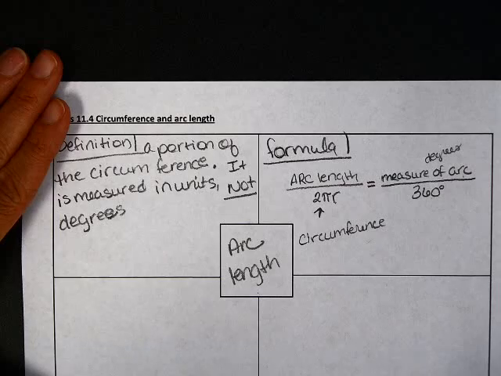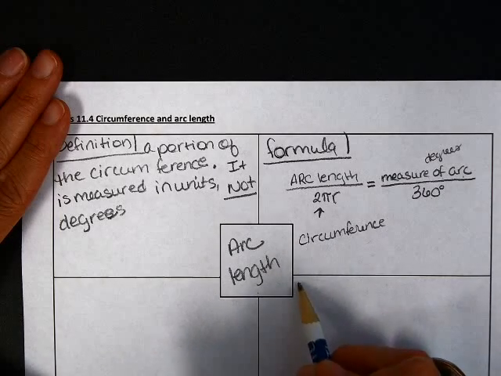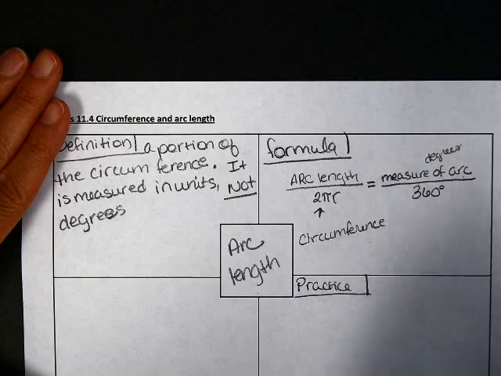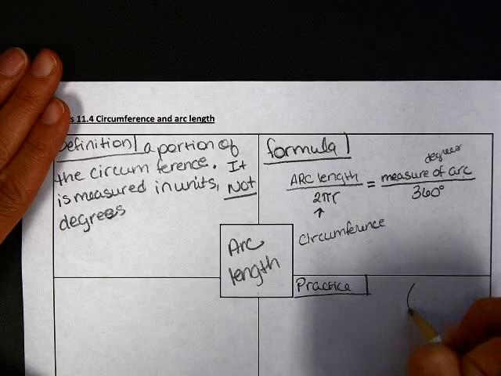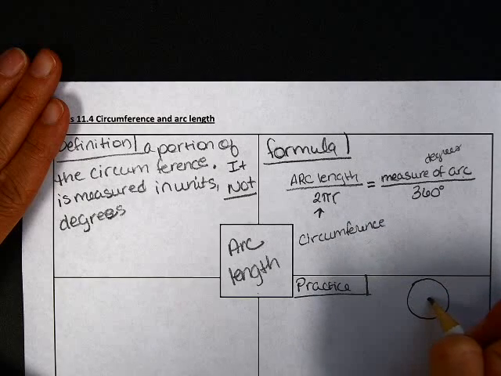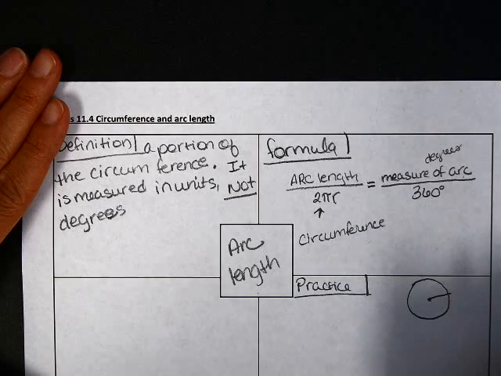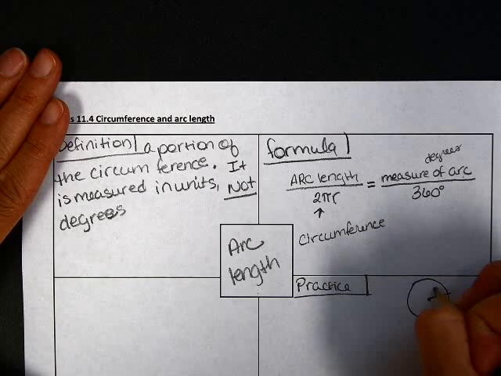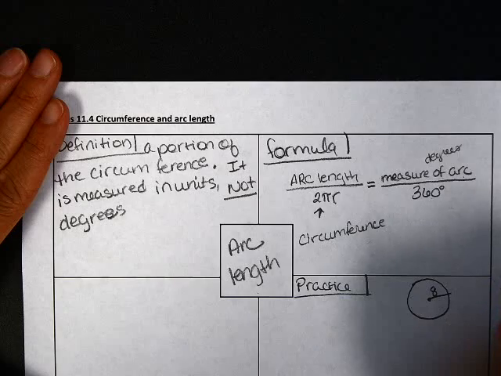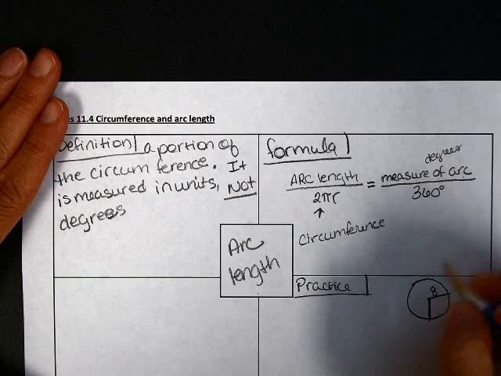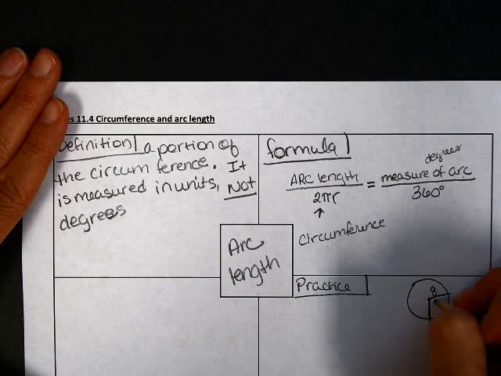So I'm going to draw a circle. Let's go ahead and put practice right here. We're going to draw a circle, and we're going to give it a radius of, let's say, 8. All right, and we're going to give a central angle measure, let's say, of 94 degrees.